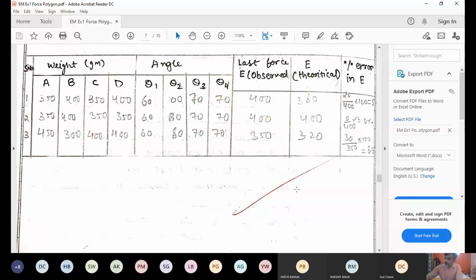Now we have to draw the third side, which is F3, with some angles, and these are the values of the angles.